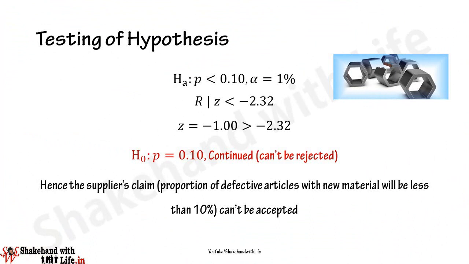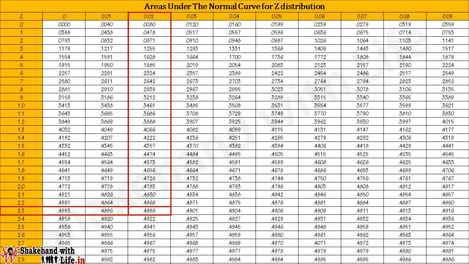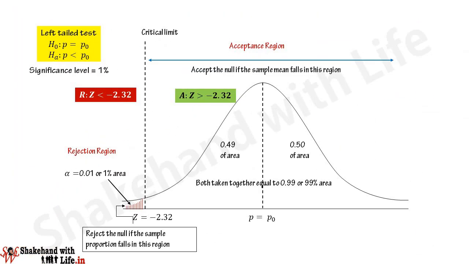Now HA is one-sided and less than type. Hence, a rejection region applying the left tail test at 1% significance level is defined by R such that Z less than minus 2.32 using the table of area under the normal distribution. It implies if the calculated value is less than minus 2.32, then the null hypothesis will be rejected.